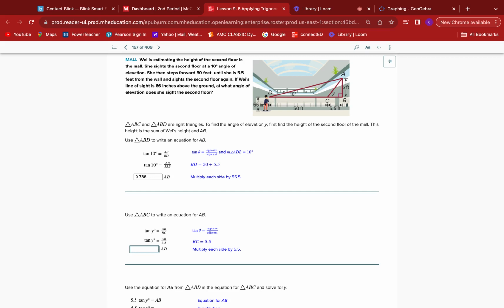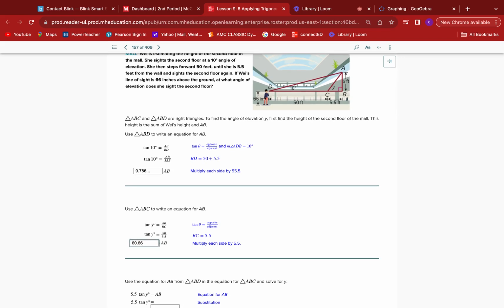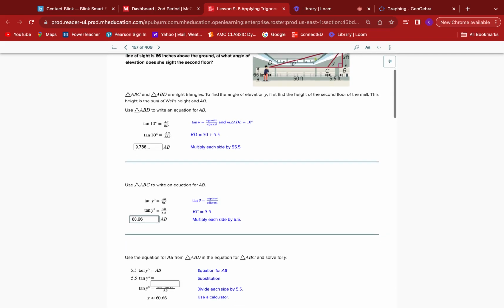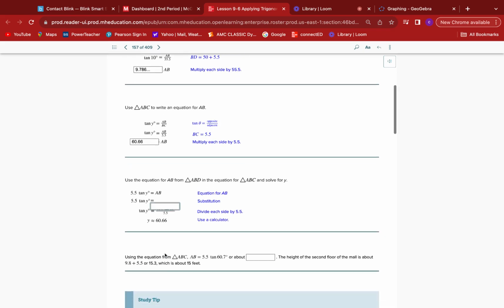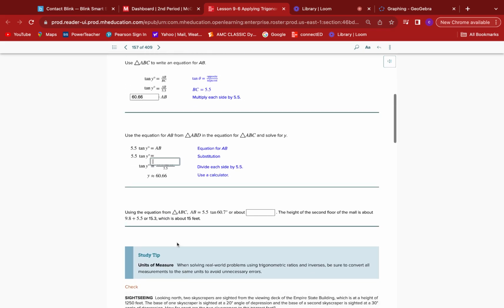You should be looking at approximately 60.66. Now they want us to round that. Usually it would tell us. Okay, here we go, they did it in a whole problem. So, well, there you go. Approximately 60.66. I didn't realize it was a third section there. So 60.66 is basically 61 degrees, approximately.